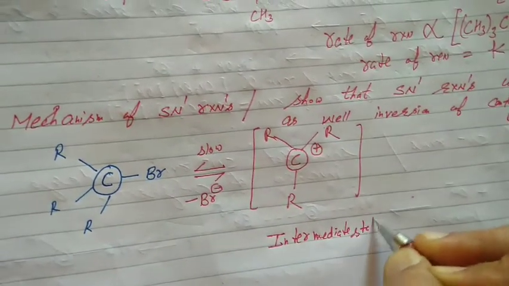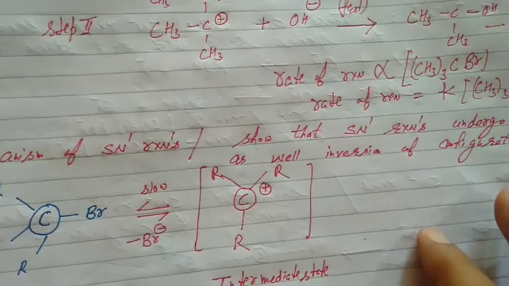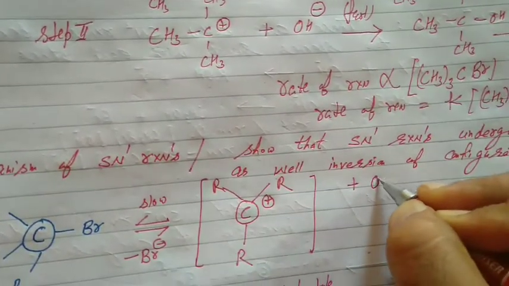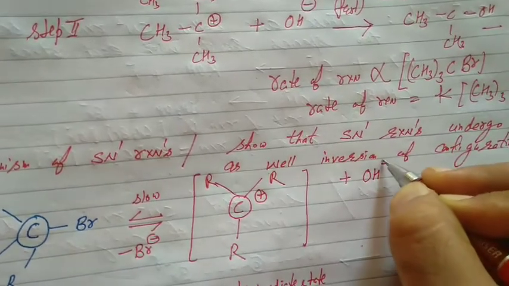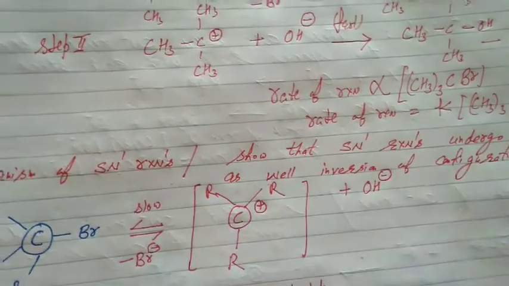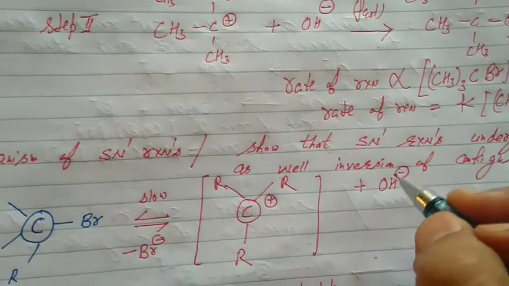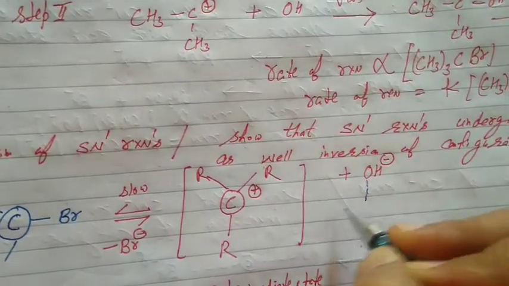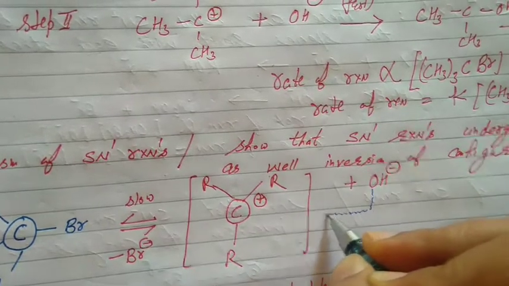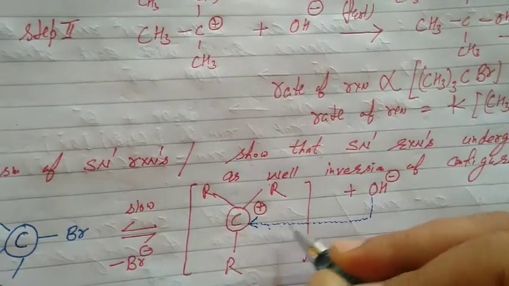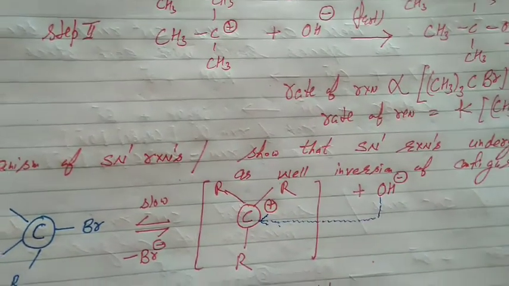What will happen now, students? On the carbocation, the nucleophile will approach. The nucleophile, that is the attacking reagent OH negative. Now students, it's clear, the nucleophile can approach from the front side. Most probably it will approach from the front side because there is no electronegative element, it is eliminated.